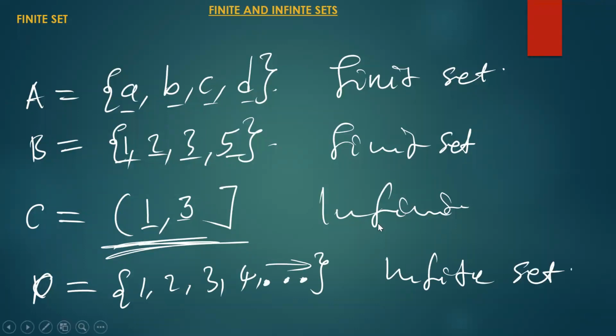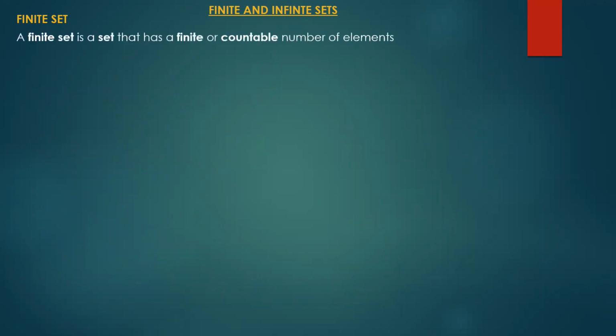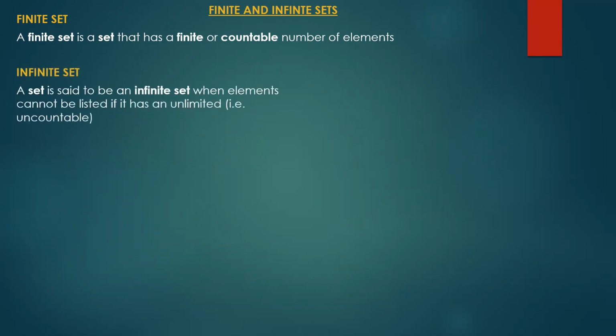Yeah, so there are a lot of different infinite sets. Okay, we proceed. A finite set is a set that has a finite or countable number of elements. And an infinite set is a set that consists of an uncountable or unlimited number of elements.